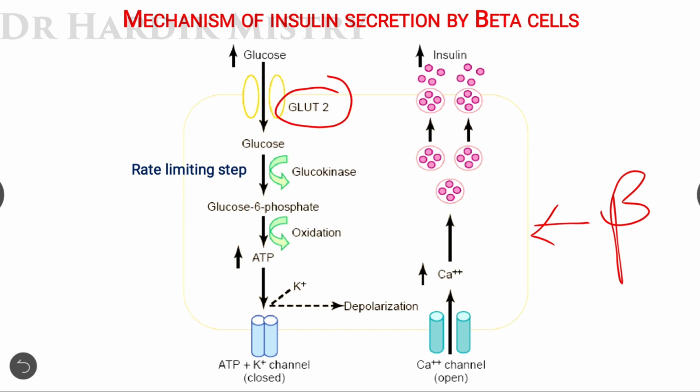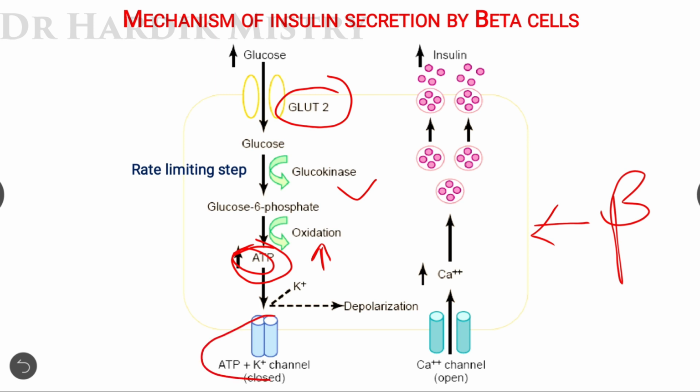So the concentration of glucose increases inside the beta cell, and this glucose is converted to glucose 6-phosphate via the enzyme glucokinase, and with the process of oxidation this glucose 6-phosphate forms a number of ATP. So the level of ATP increases inside the beta cell, and this blocks the ATP-sensitive potassium channels.